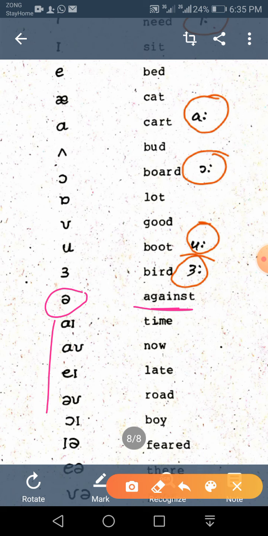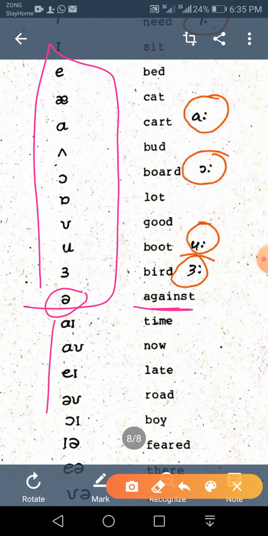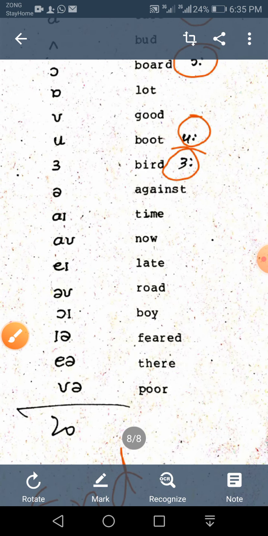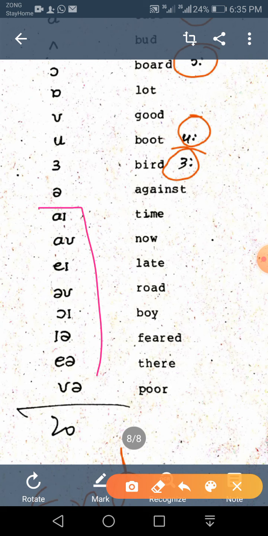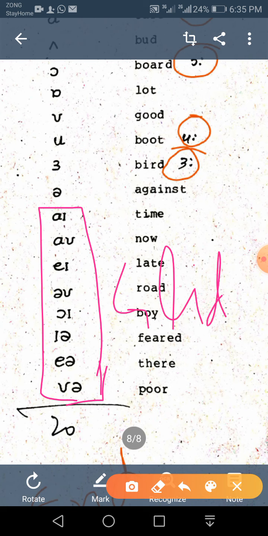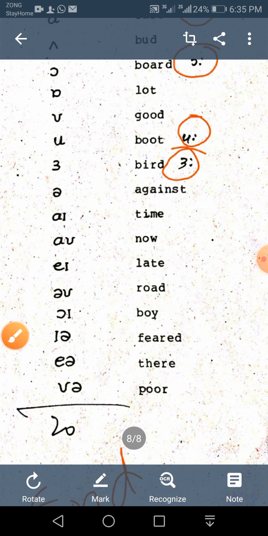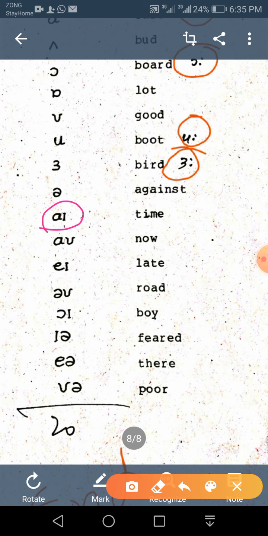Up till here we have monophthongs. Monophthongs are single vowels. Now this area is known as diphthongs, double vowels. They are also known as glides. Although they have two symbols, they represent one sound, as in time.